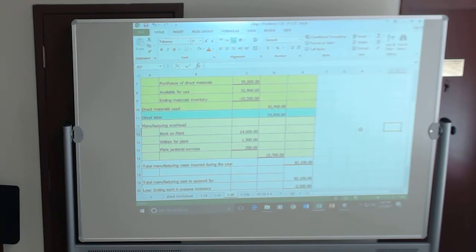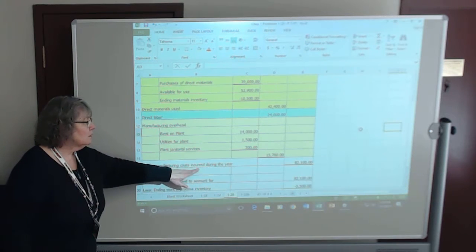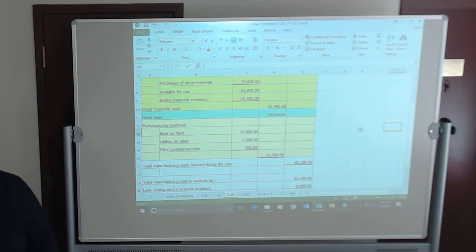So we have direct materials used, the direct labor, and manufacturing overhead, which makes a total manufacturing cost of $82,100. Wow. His dog bones are doing a lot better than his dog food merchandising.